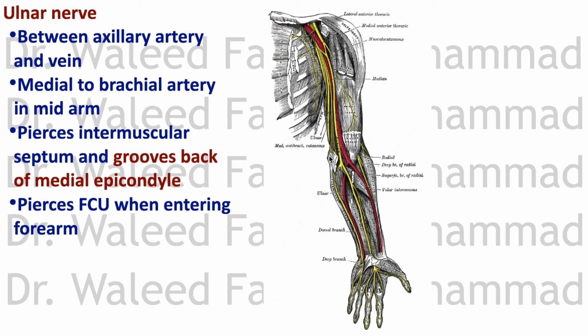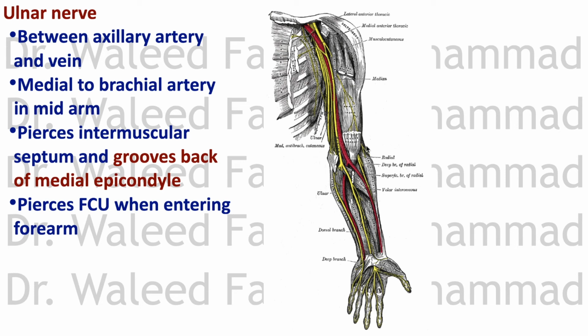All of us at least once experienced this: a shooting electric current in the medial side of the forearm and down to the little finger if we strike the medial epicondyle against a hard surface. It pierces the flexor carpi ulnaris when entering the forearm.